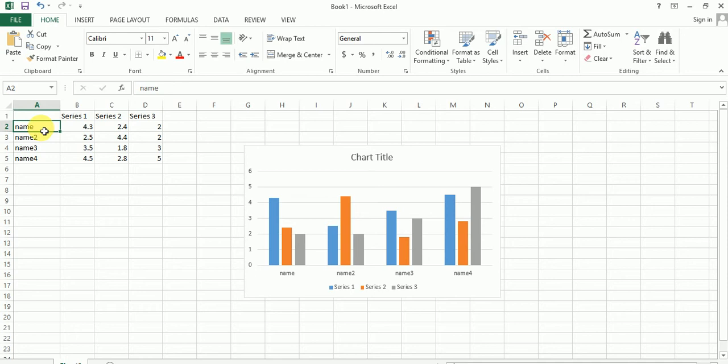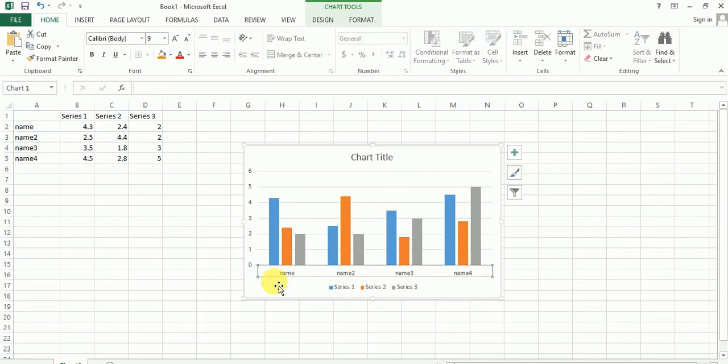When you enter a value or name in a vertical axis, then it shows the column in the chart on the horizontal axis. Okay, next.